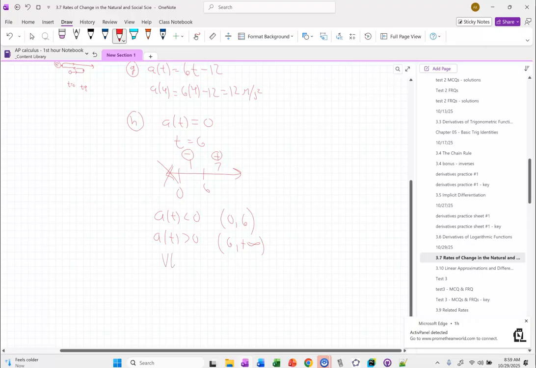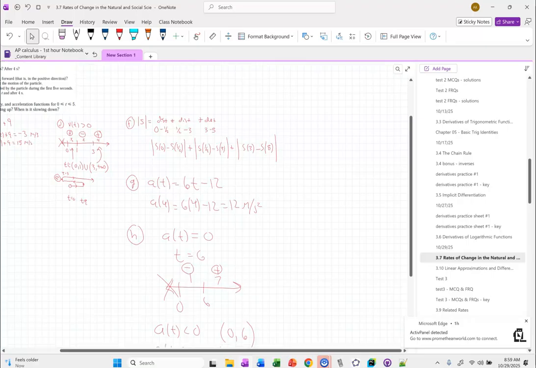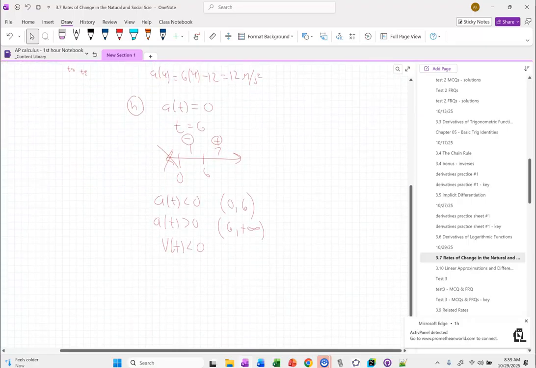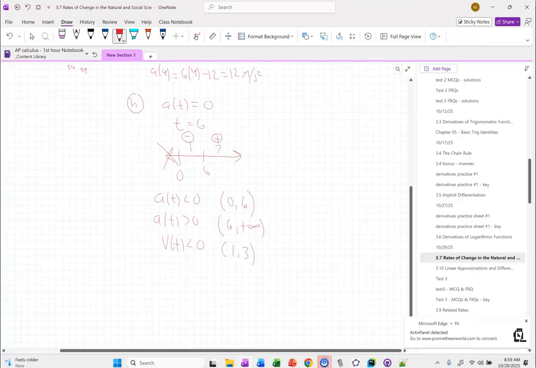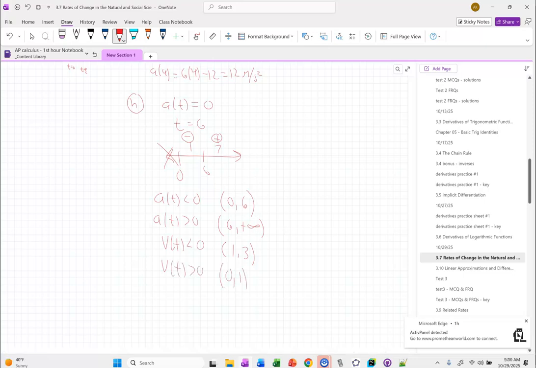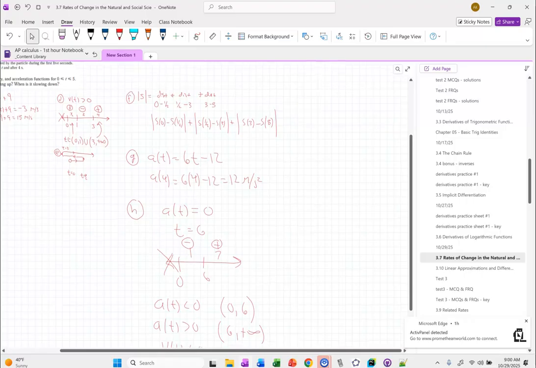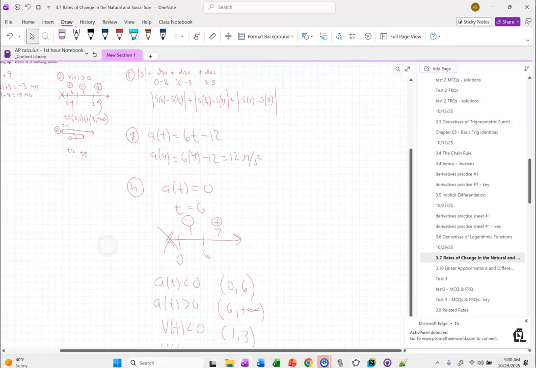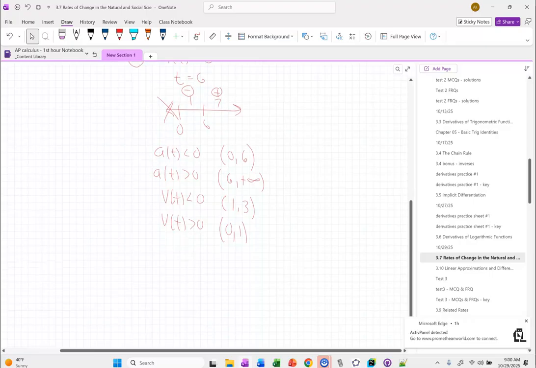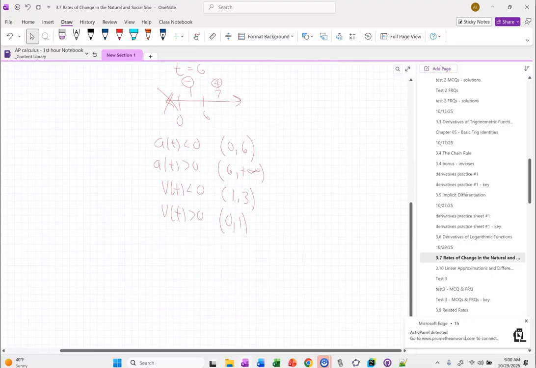And then we said V of t was negative from 1 to 3, and V of t was positive from 0 to 1, and then 3 to positive infinity.